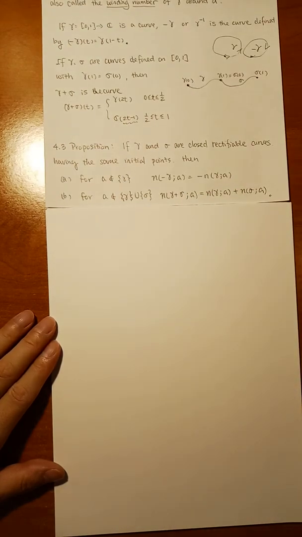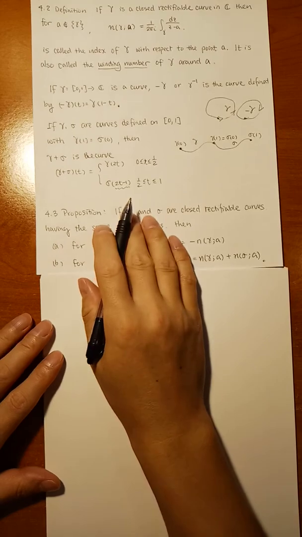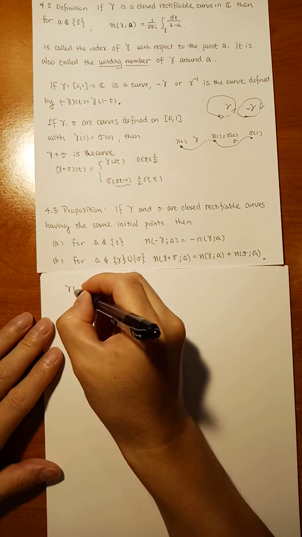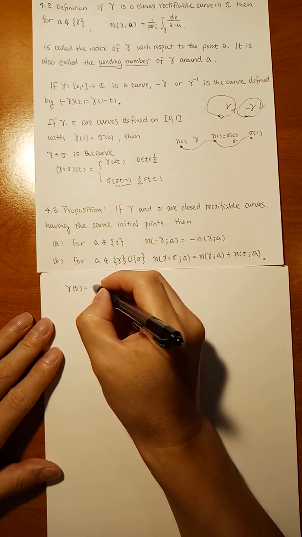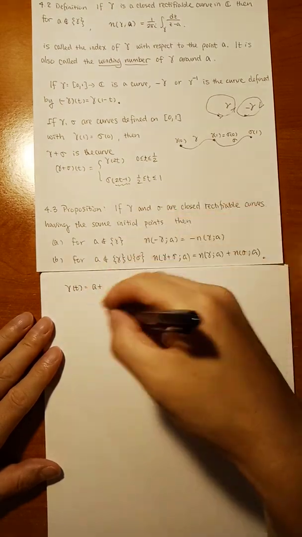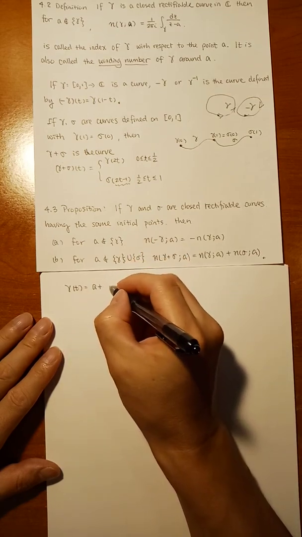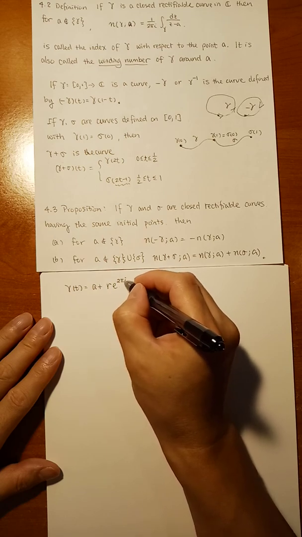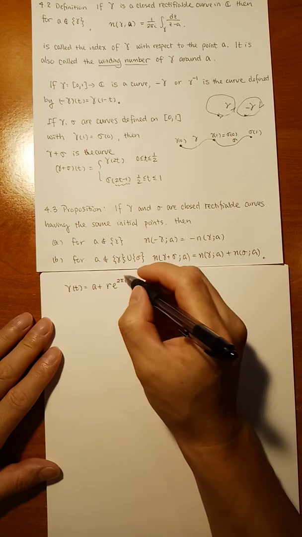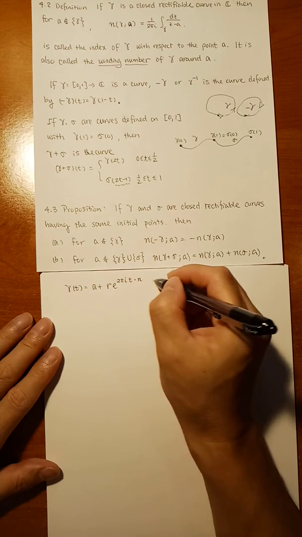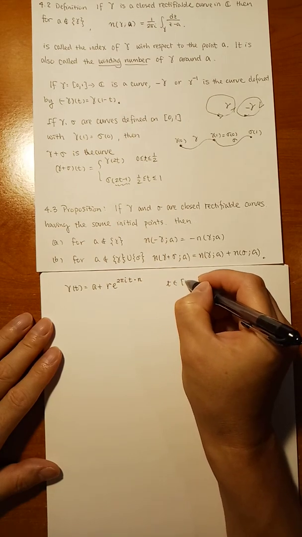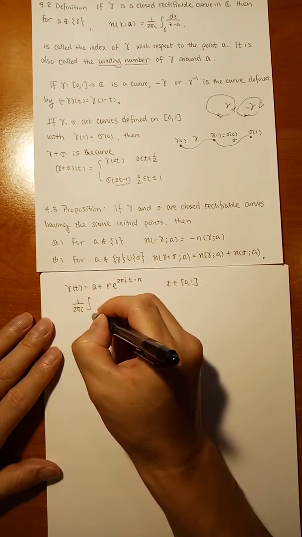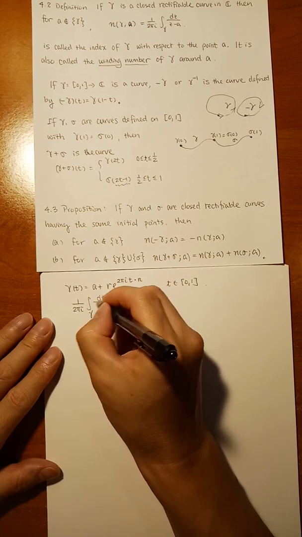Remember at the beginning, before we proved this winding number theorem, I mentioned that if you have a circle, gamma of t is a plus re to the 2 n pi I t, where t belongs to [0, 1], we computed the integral along gamma of dz over z minus a.